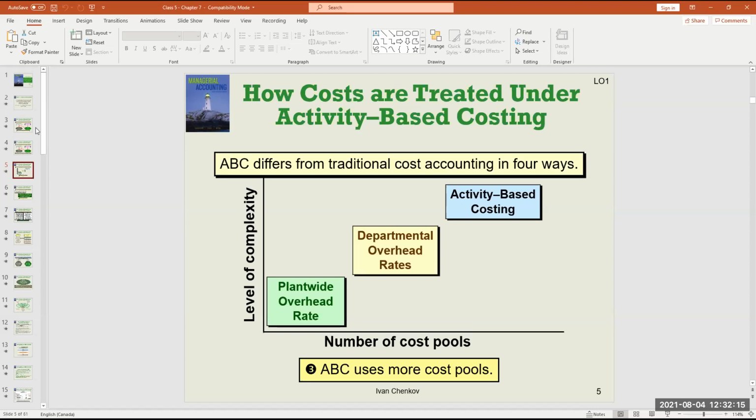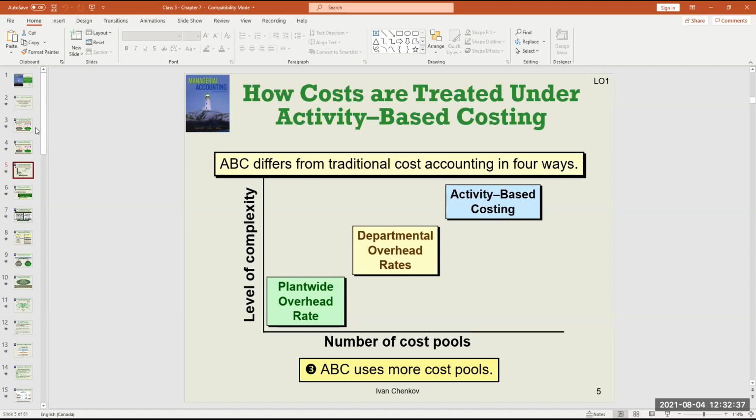But probably that rate will not be very applicable for different departments which may or may not use that allocation base. And since different departments use different allocators, different things drive the costs, we cannot apply enough manufacturing overhead for that department. That department looks too profitable, which in fact it may not be.